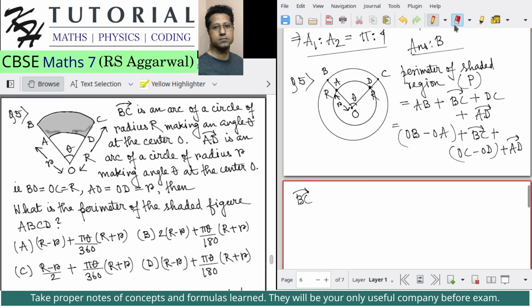Length of arc, let's consider. This refers to the arc BC. This actually does not mean the length of the arc BC.